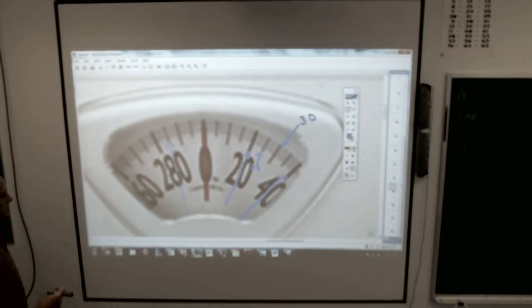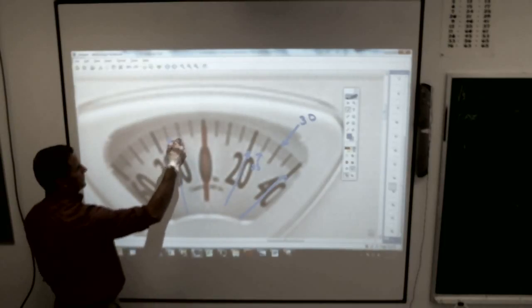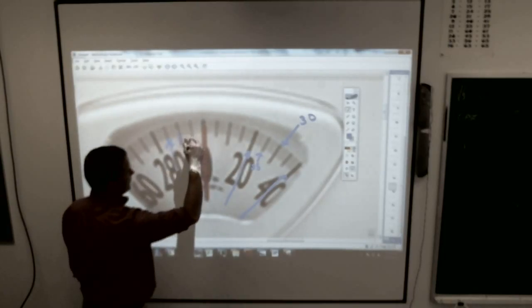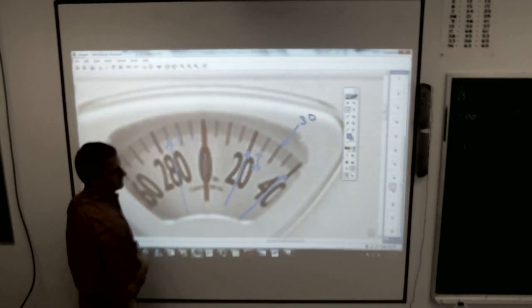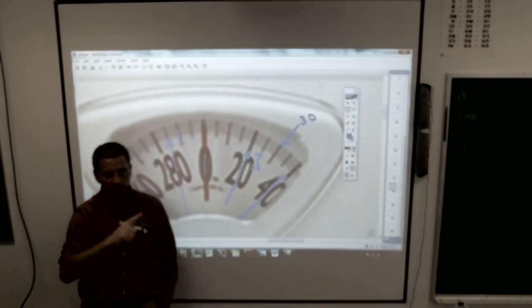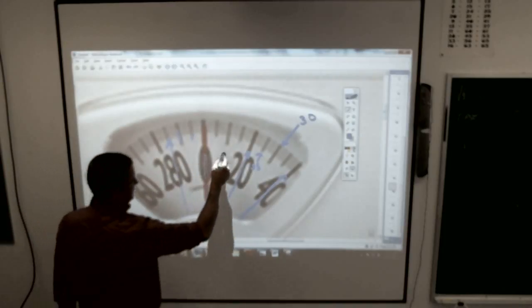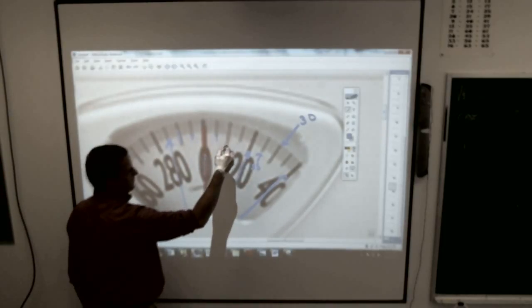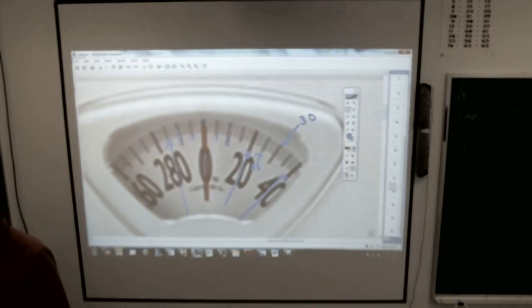Caroline? 285 would be here, 290 would be there, 295. And if you weighed 300 pounds, you actually weigh nothing because you go all the way back to 0. That'd be a quick diet plan. What if you weighed like over that? I think it would go around once and then this would be 305, 310. It'd spin around once, I think. You'd get a different scale probably.